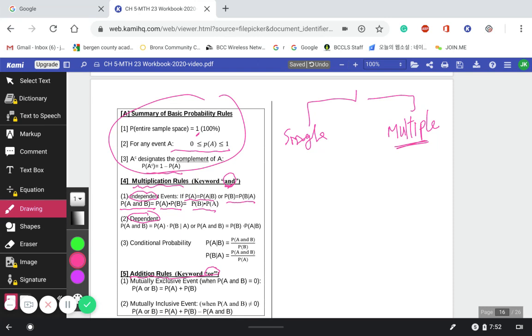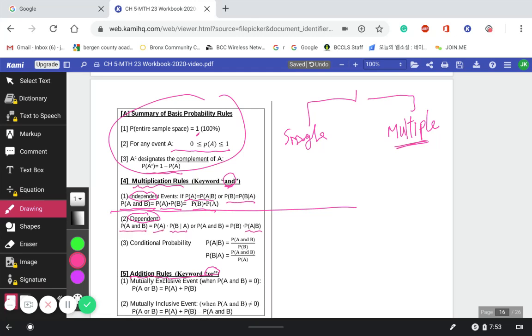So in the dependent case, probability of A and B is probability of A times probability of B given A, or probability of B times probability of A given B. So either one, because you don't know which information is given to you. So you have to know both formulas.